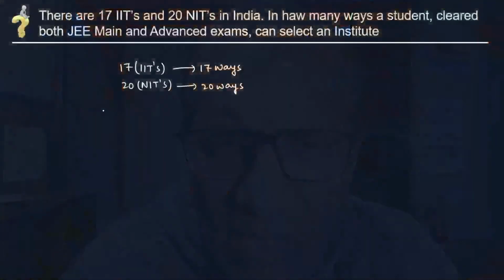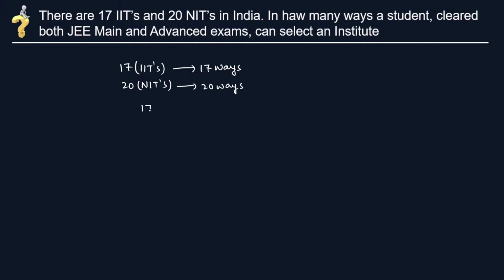So in between, or is coming. And from the fundamental principle of counting, whenever or comes in between, we should go for addition. Therefore, the total number of ways of selecting an IIT or NIT is 17 plus 20, that is 37 ways.